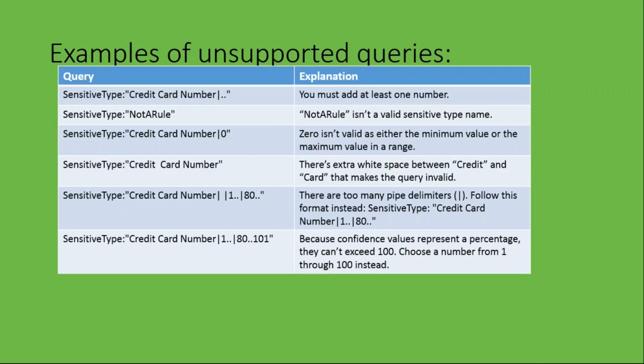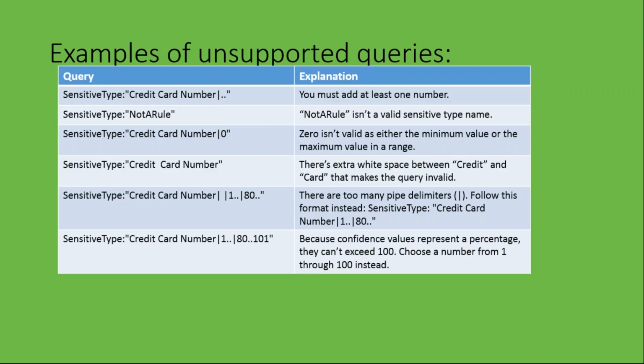So either min or max needs to be specified here. In the second example, sensitive type is not a rule. Not a rule is not a valid sensitive type, so this is not a correct query. Then credit card number, pipe symbol 0. 0 is not a valid number. We cannot say show me the document where there is no credit card number. That doesn't make sense.